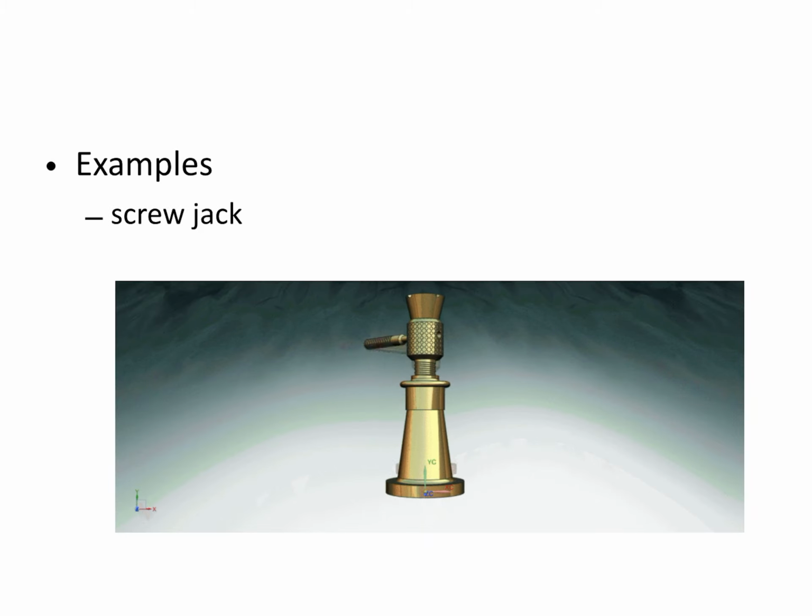Then screw jack is another example. Here you can see the body is what we can call a nut, and the screw can move in the upward and downward direction. So the axial translational motion is in the screw itself and not in the nut. So this is another example of the power screw, that is the screw jack.